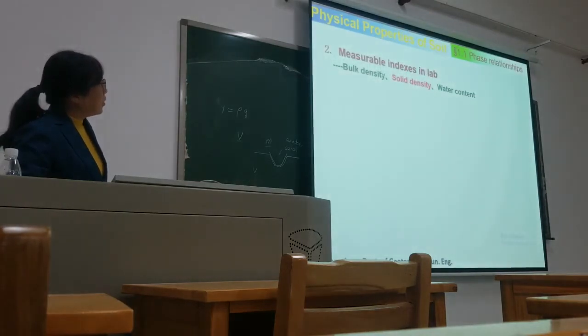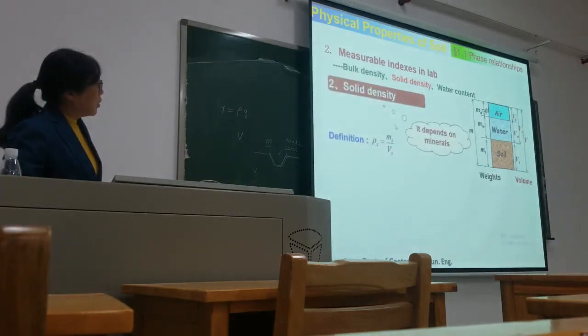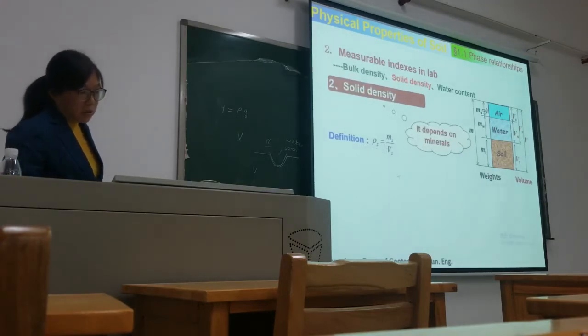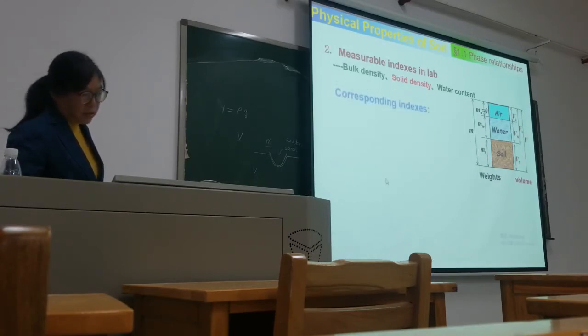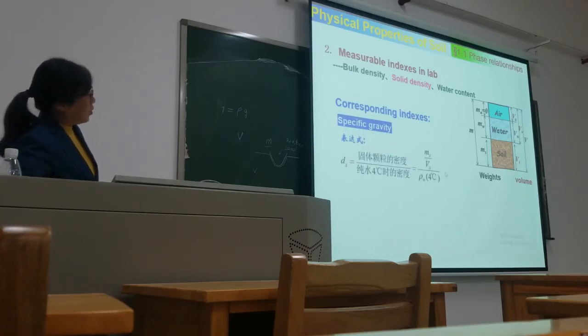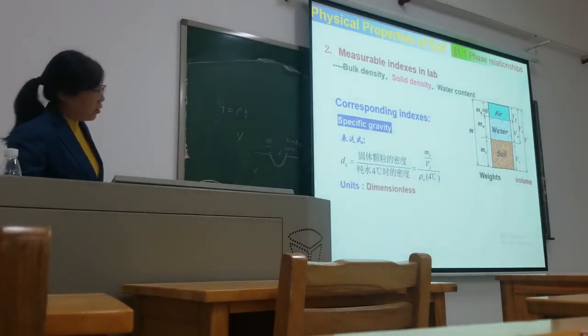And another index, solid density, or we call it density of soil particle. It means mass of soil grain divided by volume of soil grain. And the corresponding index is specific gravity, the density of soil particle divided by the density of water.